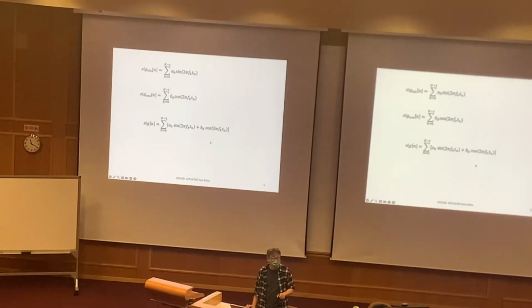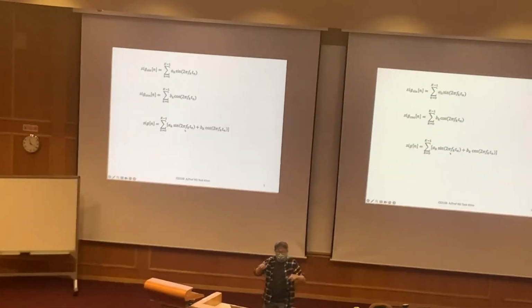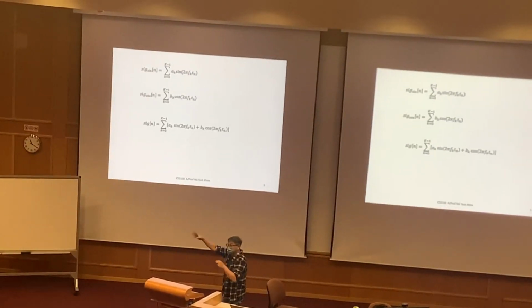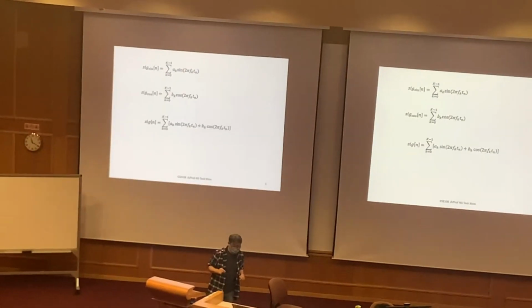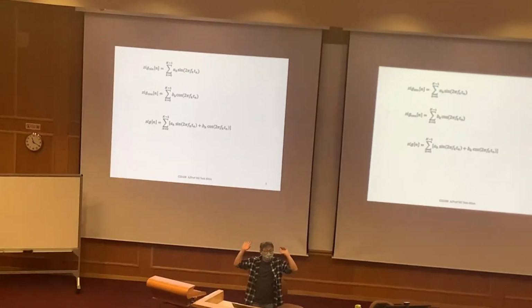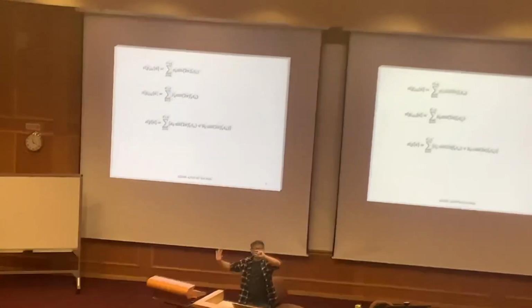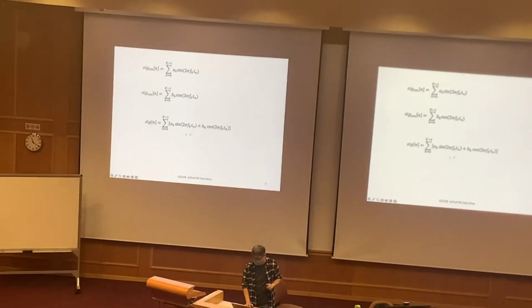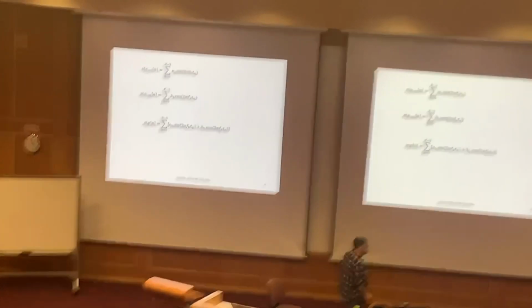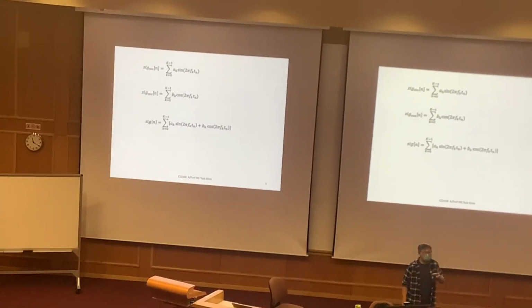Now, I have F0 to F524,000 minus 1, right? So you can use the same set of frequency to represent any signal. The only difference is A and B, you understand? If you use different coefficients A and B, you give you different music, or different speech, different sound, understand?